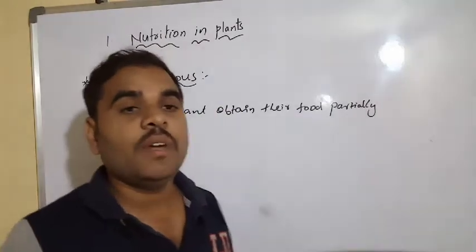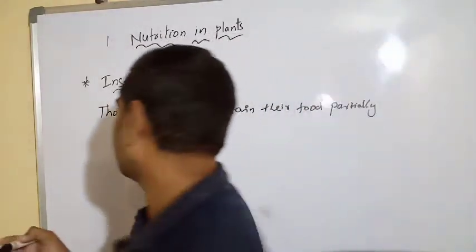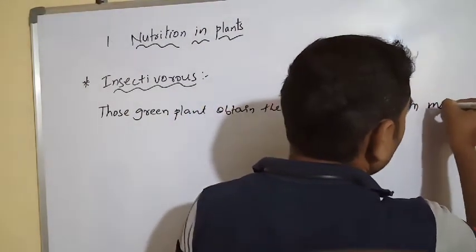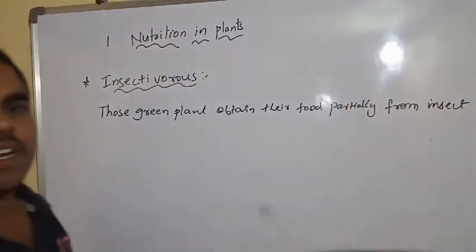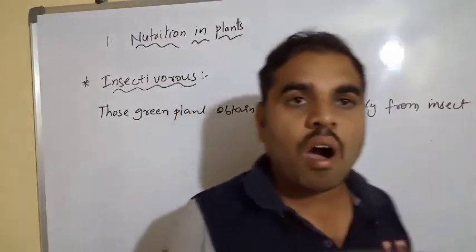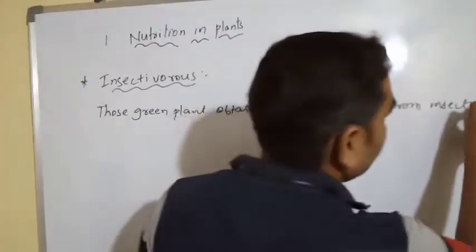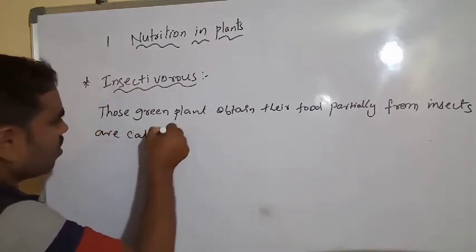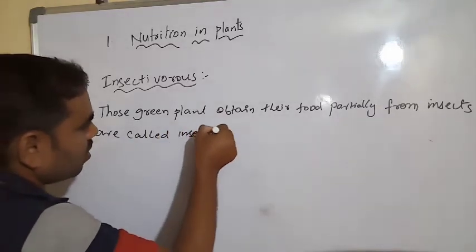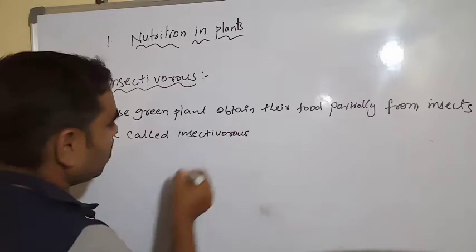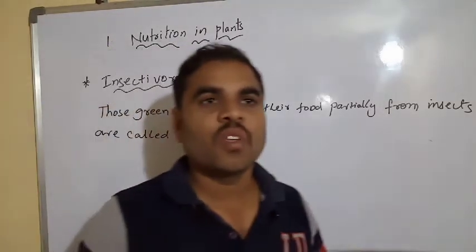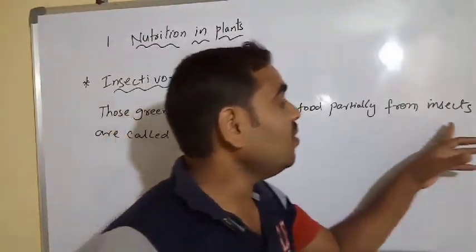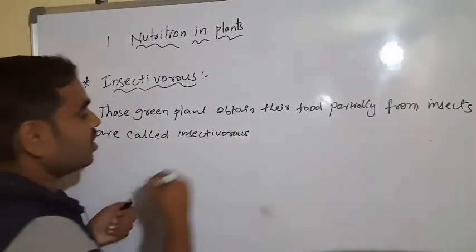Those green plants obtain their food partially from insects, so this is partially obtaining from insects, and they are called insectivorous.